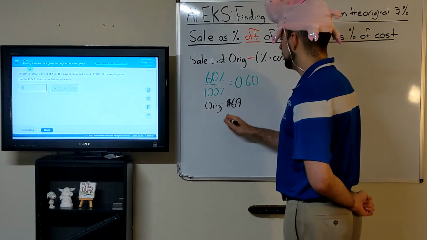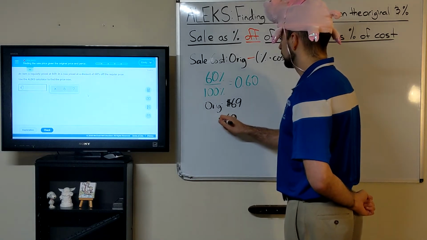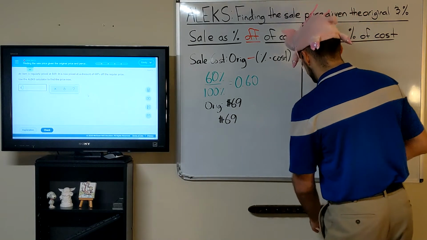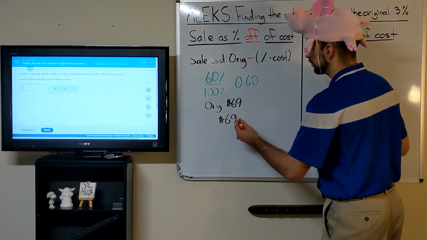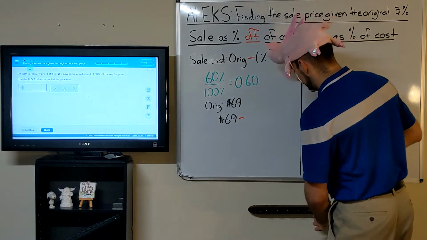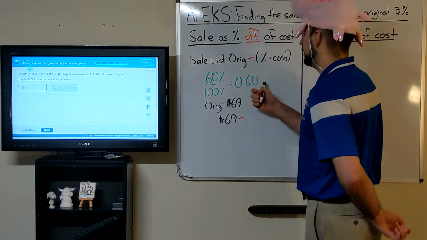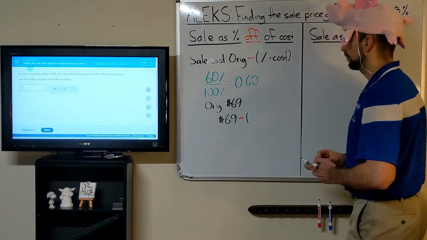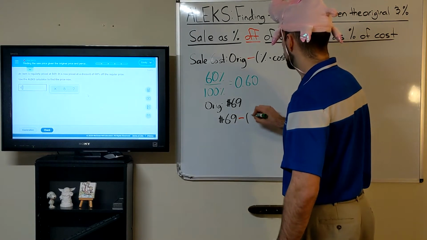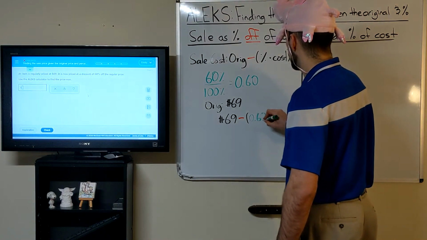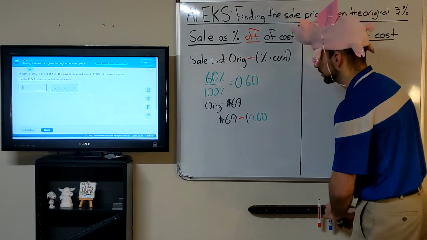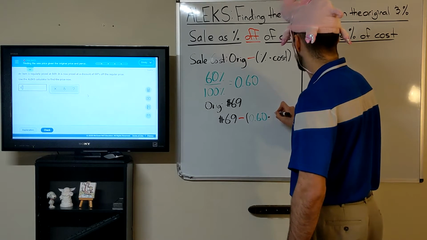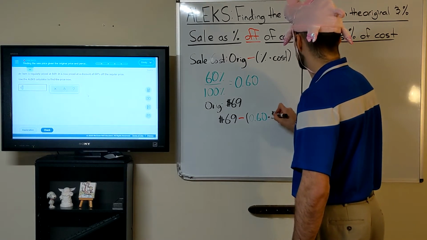So I had $69, and I'm going to be subtracting, so taking off, this percentage, 0.60, of our cost. So 60% of that cost is going to be multiplying our original cost by that decimal.